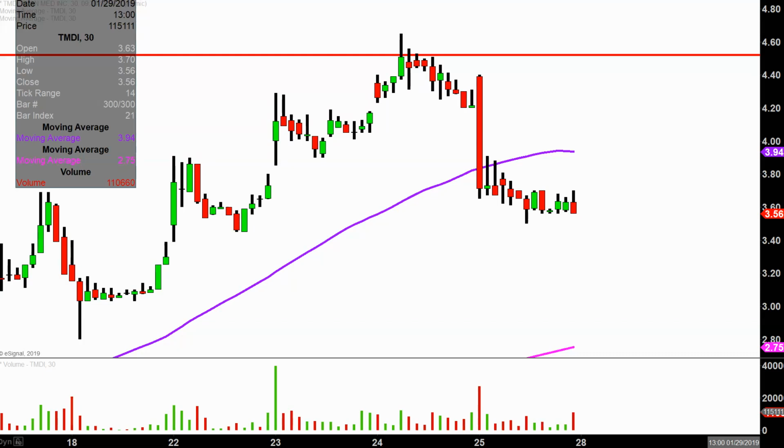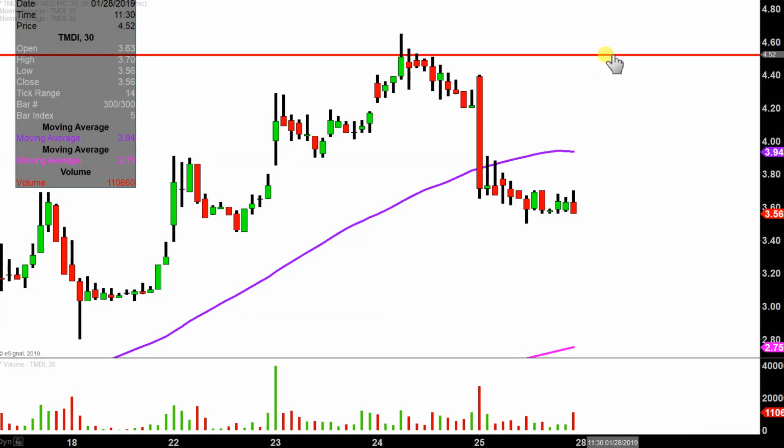So as far as levels of resistance going into next week, the key level of resistance now is going to be getting back up above that purple line. Right now, it's valued at $3.94, but remember, that is a moving average, meaning that value is going to move and change over time. But right now, $3.94, $3.95 is going to be that key level, where you're going to want to see the price try to get back up above it.